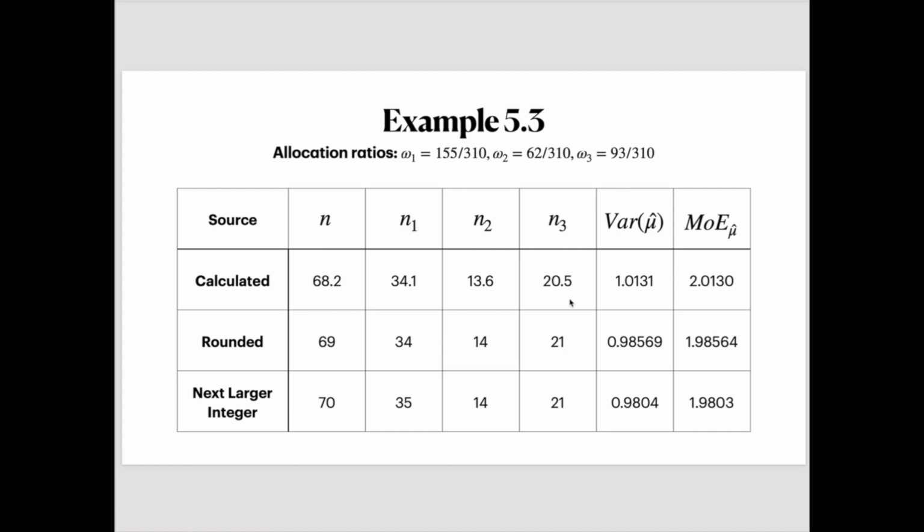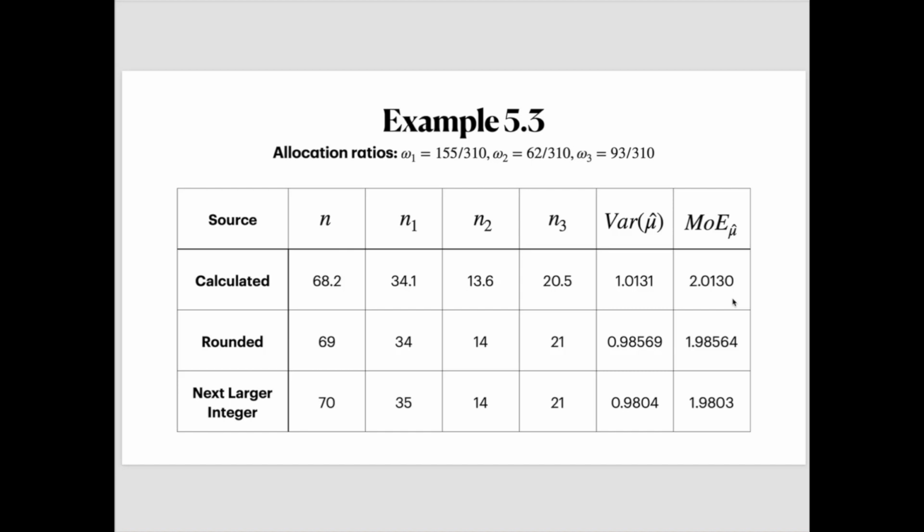Now, with that set of stratum sample sizes, plugging those values into the formula for the variance of mu hat, we get a variance of 1.0131. Taking the square root of that, multiplying by 2, we get 2.0130 for the margin of error of mu hat. And again, that is not less than or equal to 2.